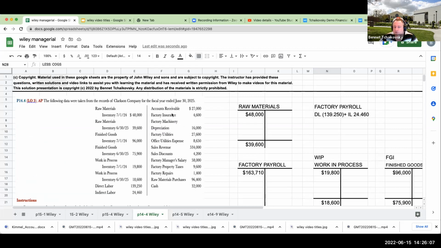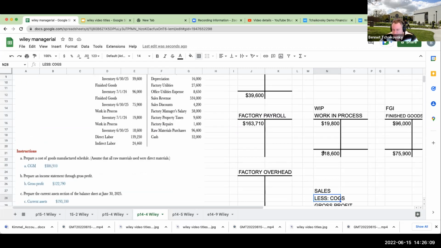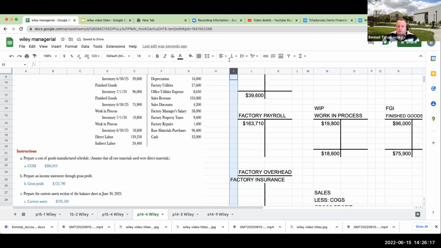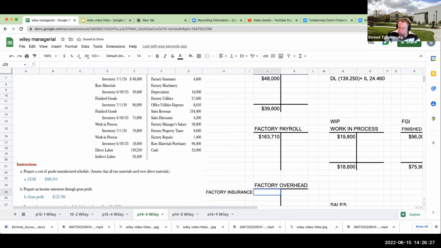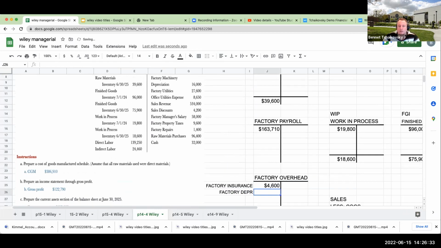But what about factory insurance? Well, it has the word factory in it, so we've got to put it down over here. Our factory insurance was 4,600. Our factory machinery depreciation is going to be 16,000.